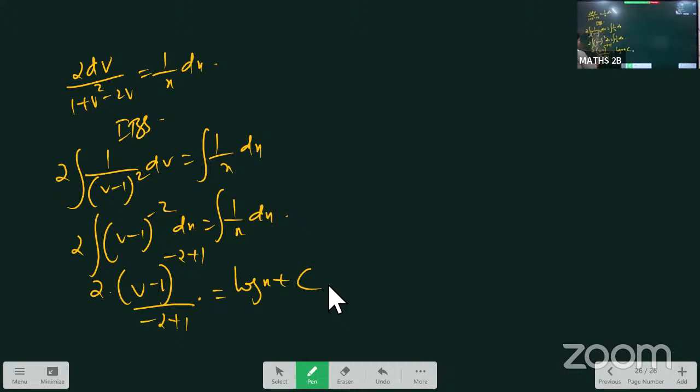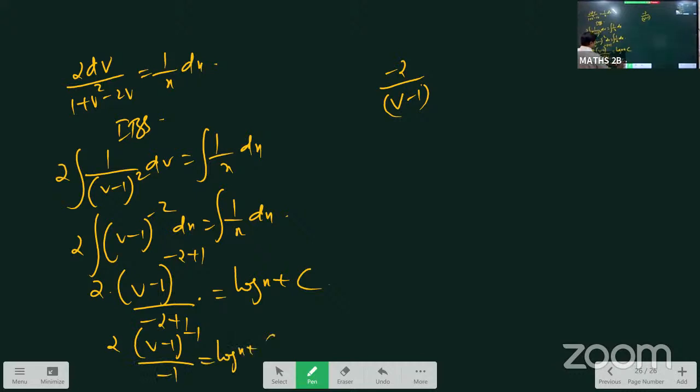Right? So minus 2 means what am I going to get here? Minus 2 by v minus 1. Bring it to the denominator. What is left out here? 2 into v minus 1 whole power minus 1 by minus 1 equal to log x plus c. That is minus 2 by v minus 1 equal to log x plus c.